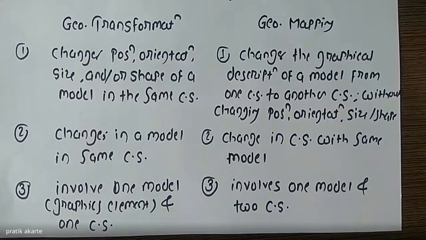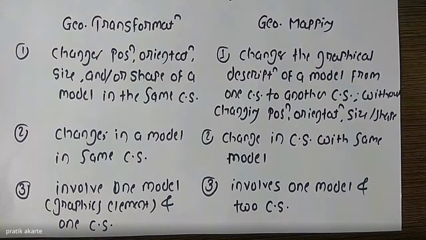So these are the points of comparison between geometric transformation and geometric mapping. A quick recap: in geometric transformation we are changing the position, orientation, size and shape of the model in the same coordinate system. In geometric mapping, we are changing the graphical description of the model from one coordinate system to another without changing its position, orientation, size and shape.